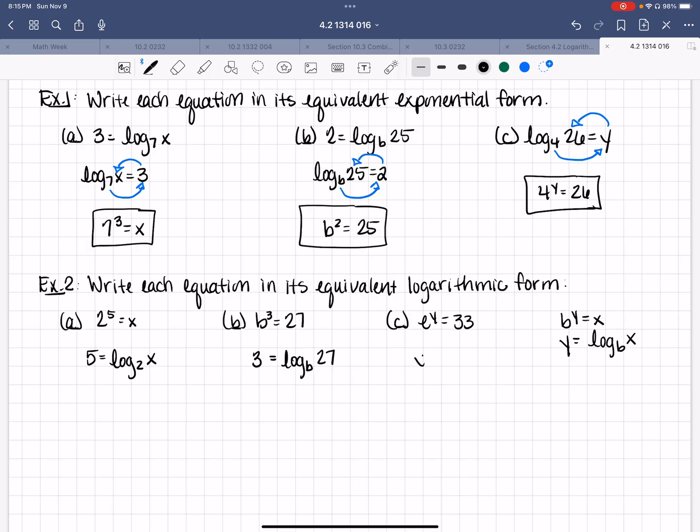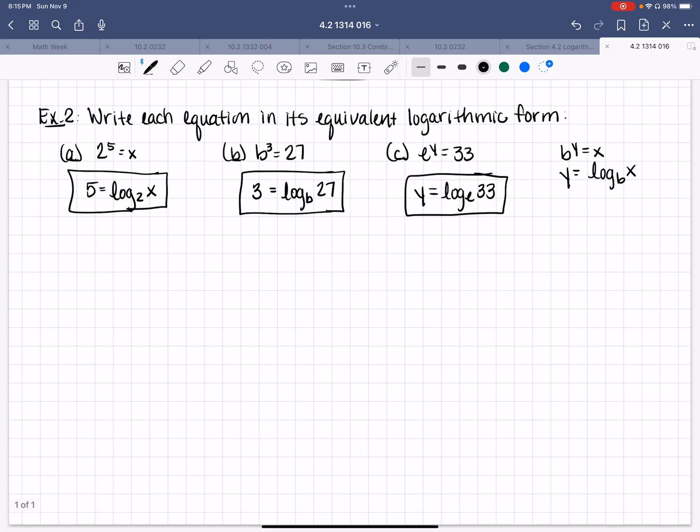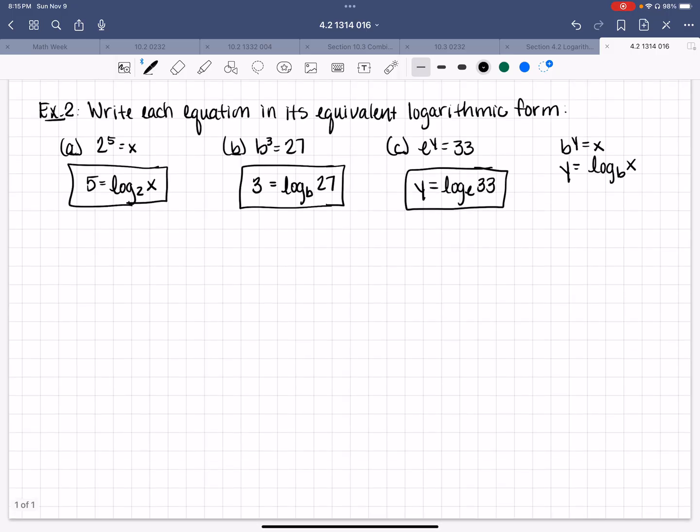So I've got y equals log base e of 33. You just have to be very aware of where your base is and where your exponent is. Okay, let's look at example 3. Example 3 simply says evaluate.